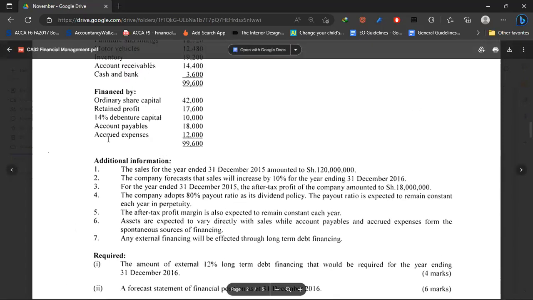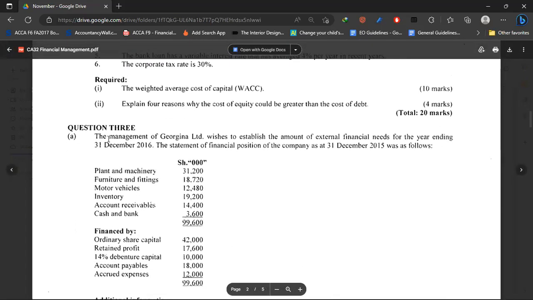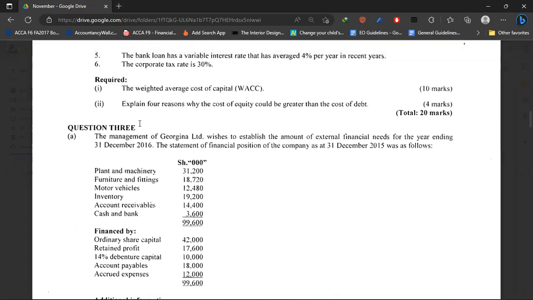Thank you so much. You can see the question given here was relating to Georgina Limited, and in this case, you know very well we have said that the percentage of sales method normally operates under different assumptions, which you were able to cover earlier on.